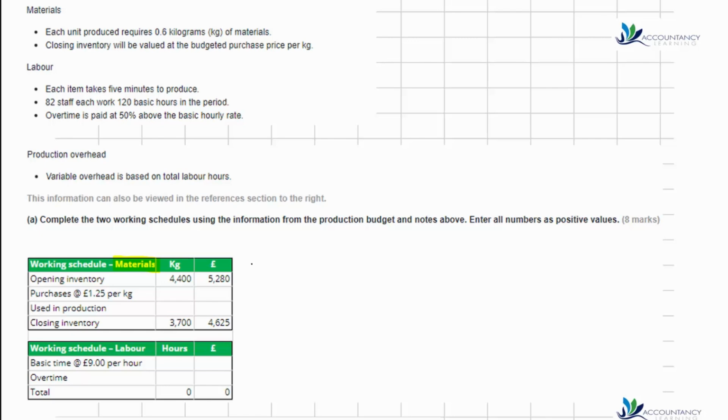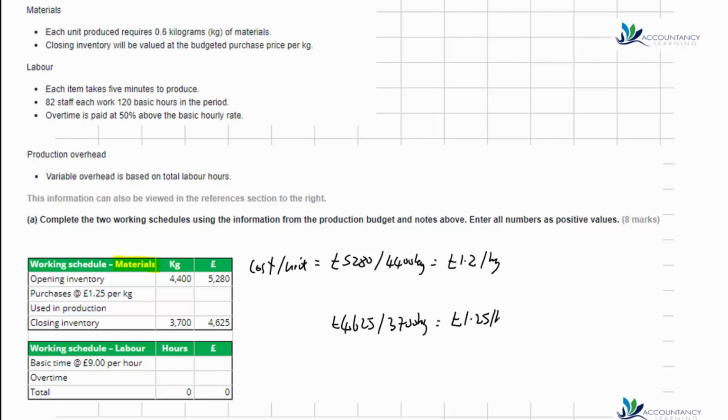So if we take our cost per unit for our opening inventory, we'll have the cost of 5280 and divide by the number of kilograms. So that gives us a cost of 1.2 per kilogram. And if we do the same for our closing inventory, we have a cost of 4625 divided by the 3,700 kilograms, and that gives us a cost of £1.25 per kilogram.